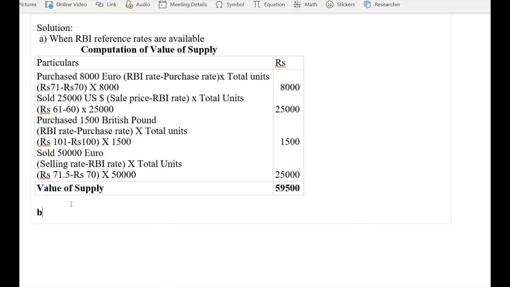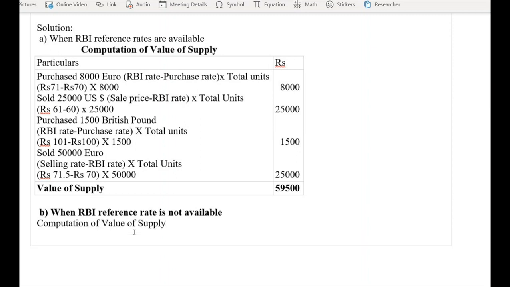The next one here, case B, when RBI reference rate is not available here. Computation of value of supply.